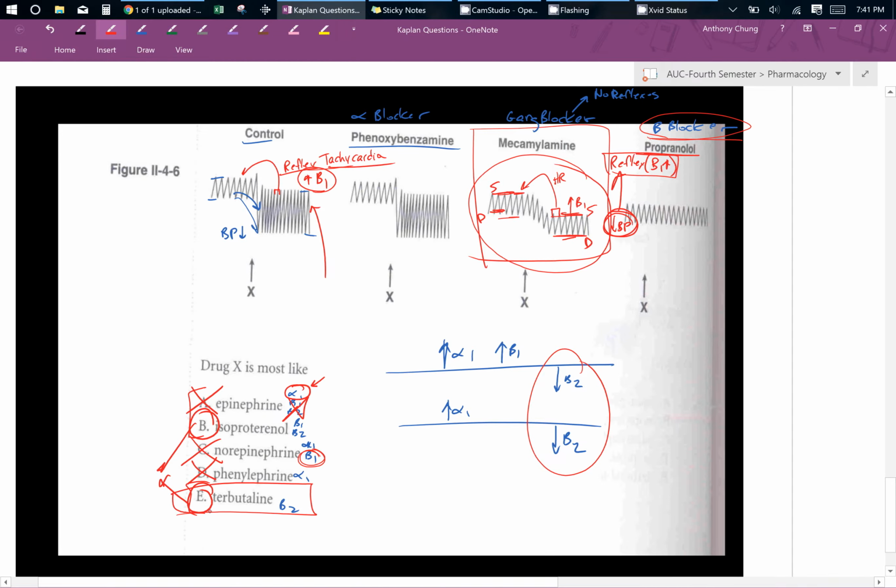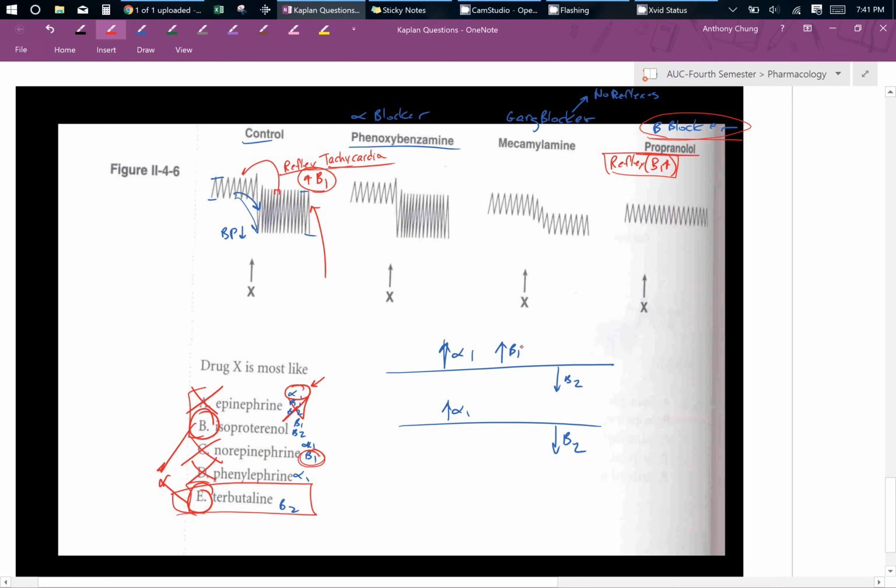But let's just make sure of ourselves. Let's make sure it's not isoproterenol. So isoproterenol by itself should increase beta 1 and beta 2 directly. So isoproterenol should increase your systolic by a certain amount, and your diastolic would go down because of the beta 2.